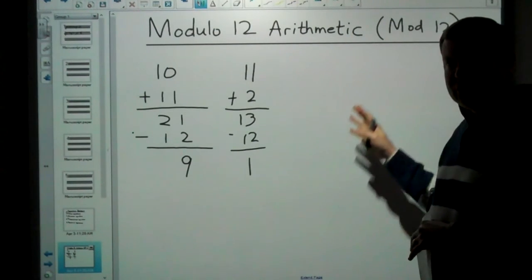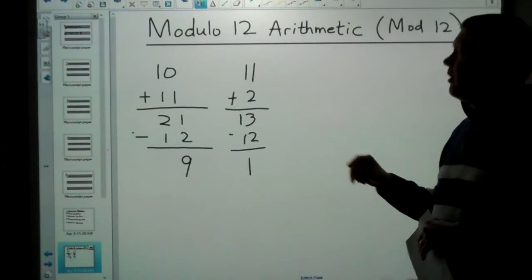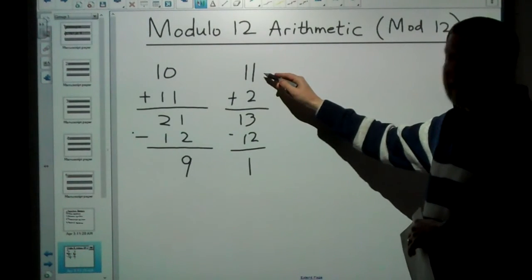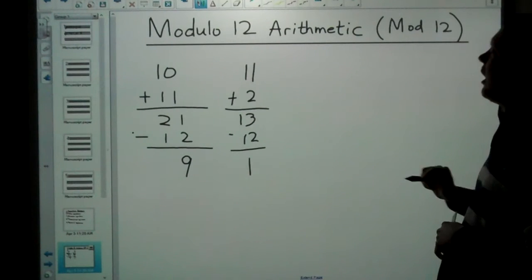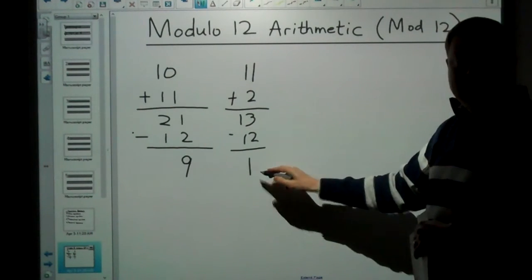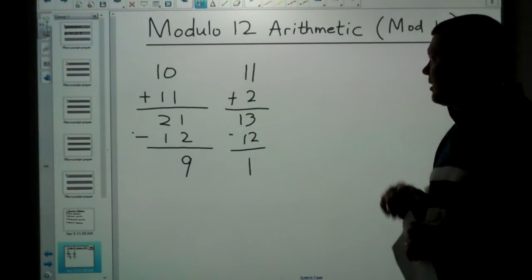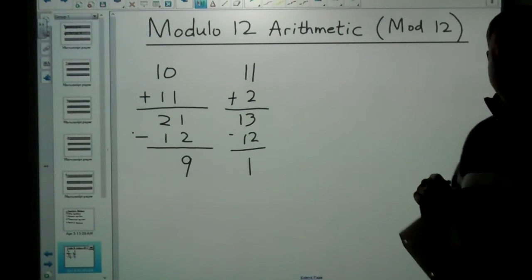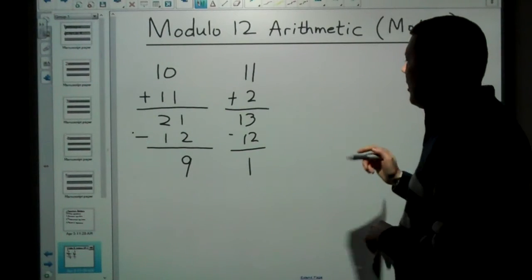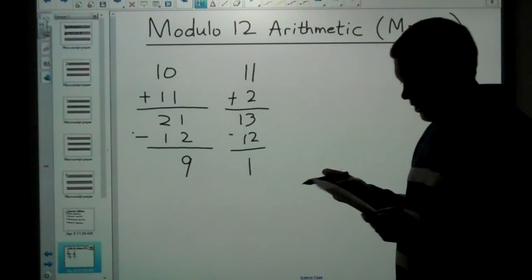Using our pitch class circle, clock face, starting at 11 and going 2 more digits to the right, clockwise, gets us to 1. That's our final answer. So in this mod 12 system, this fuzzy math, 11 plus 2 is the same as 1. Let's see how this translates to pitches.